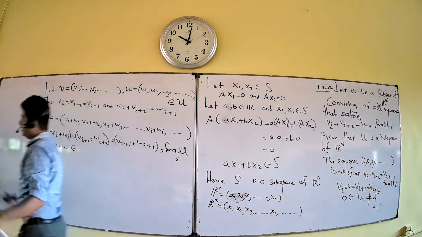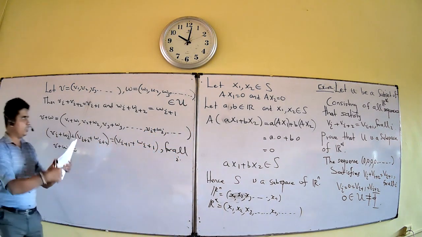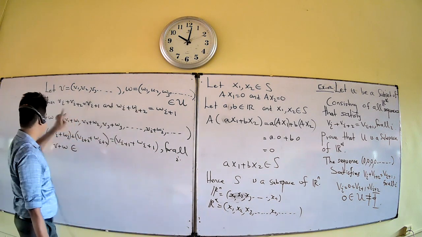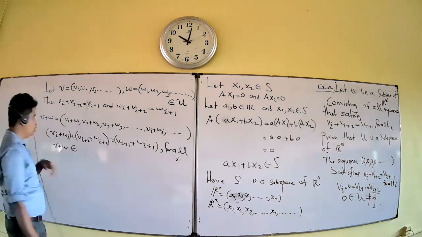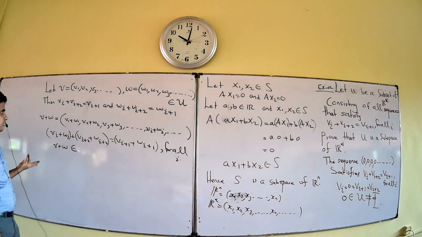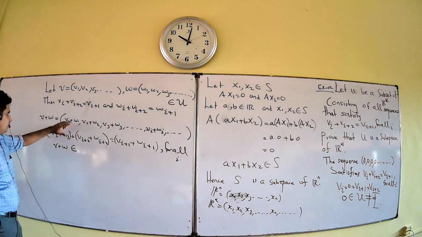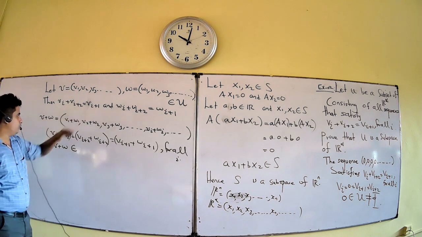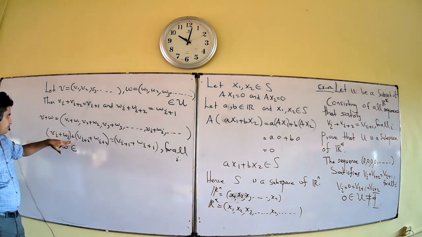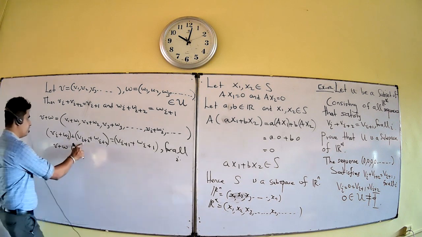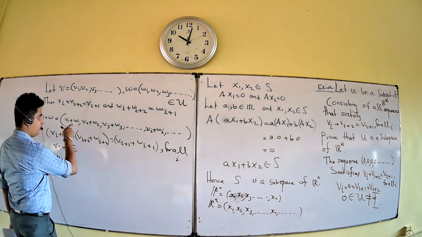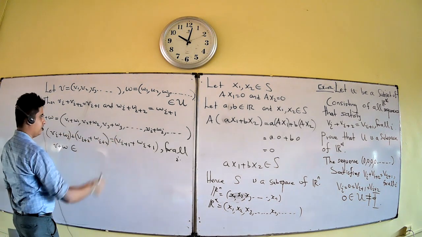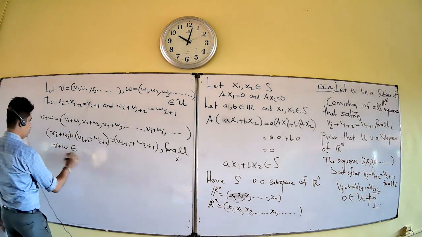You take sequences in U, and each sequence satisfies these conditions. Then you are asked to show that the vector addition sequence also satisfies that condition. Now you add these two, and you get this one, which shows that the equation is satisfied. Therefore, V plus W belongs to U.